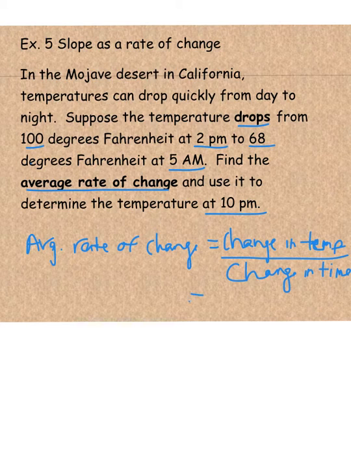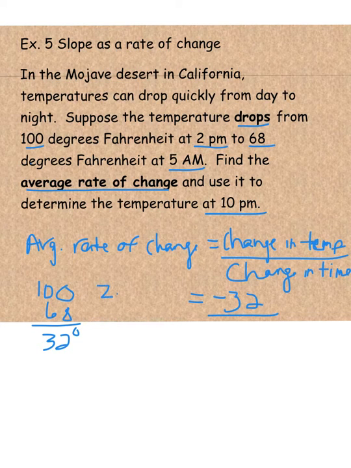So for our change in temperature, we need to calculate how many degrees the temperature has dropped from 2 p.m. to 5 a.m. If it was 100 degrees Fahrenheit and now it's 68 degrees Fahrenheit, that is a change of 32 degrees. Because it's dropping, our average rate of change is going to be minus 32 over our change in time.